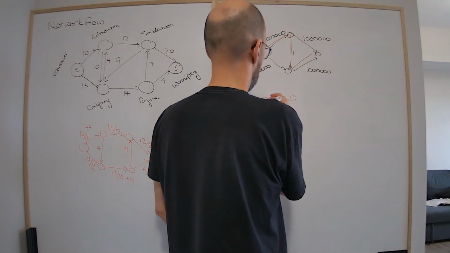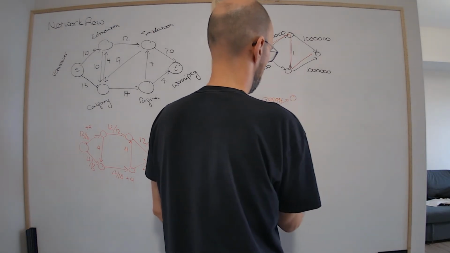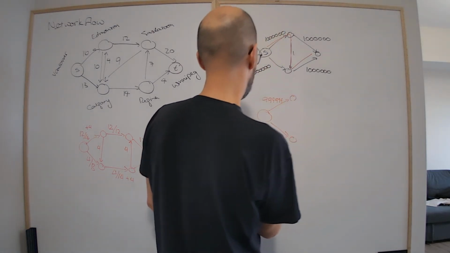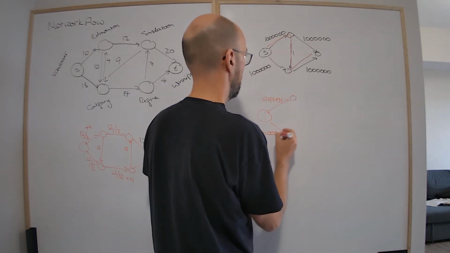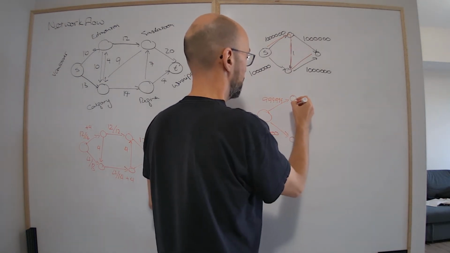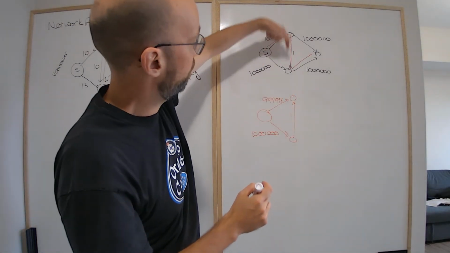This has 999,999 capacity in the residual graph. This has 1,000,000. And then now, because it's the residual graph, this I can reduce the flow across.